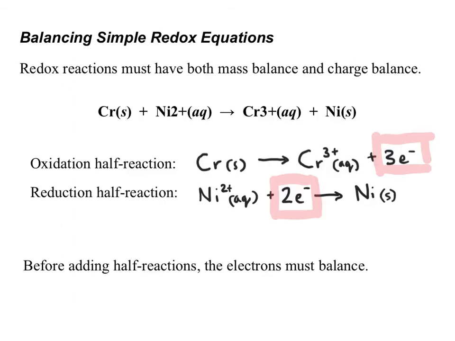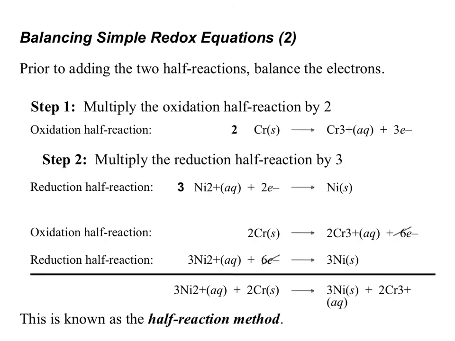Balancing simple redox equations. Redox reactions must have both mass balance and charge balance. Therefore, in this case, for example, chromium reacting with nickel ions to form chromium ions and nickel solid, the oxidation half of the reaction forms 3 electrons, whilst the reduction half forms 2 electrons. Before adding half reactions, the electrons must balance.